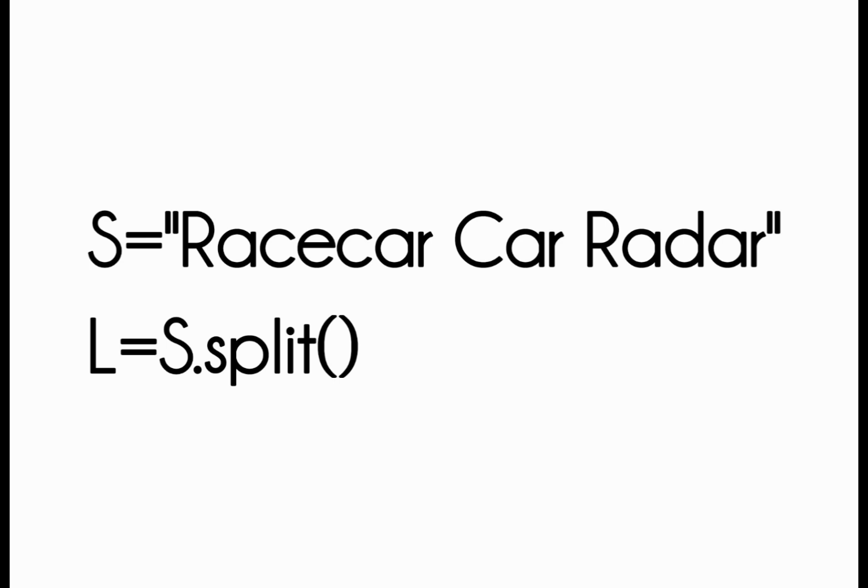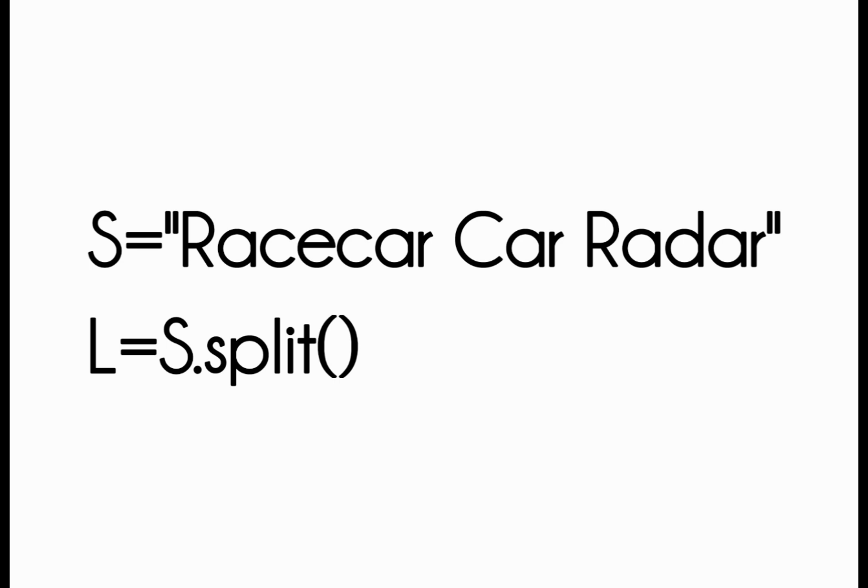So here in the second line, you can see that there is no separator given inside the parenthesis of the split function. This means that we have to divide the string by using spaces. If we don't give anything as a separator, then the Python interpreter by default takes spaces as a separator.